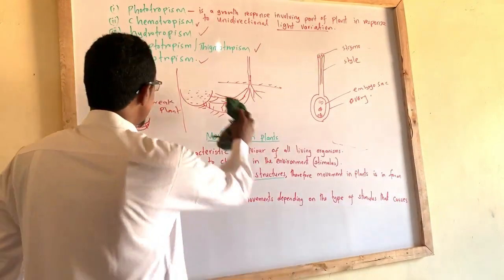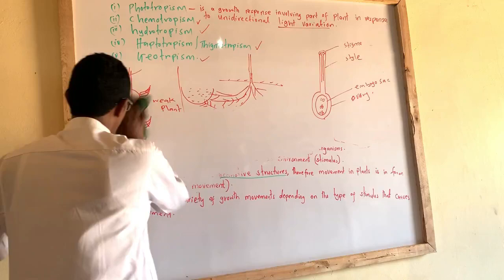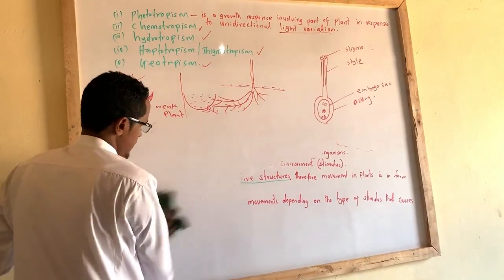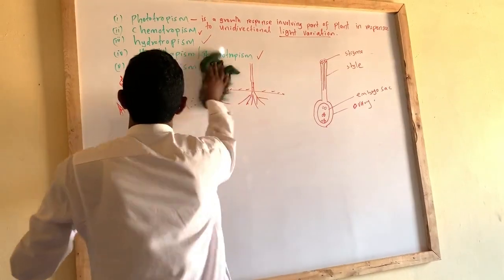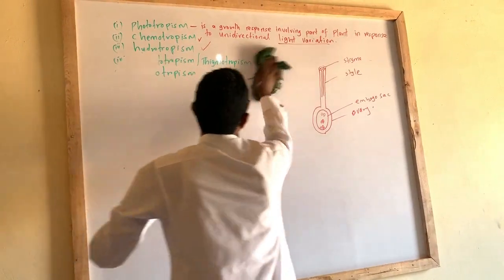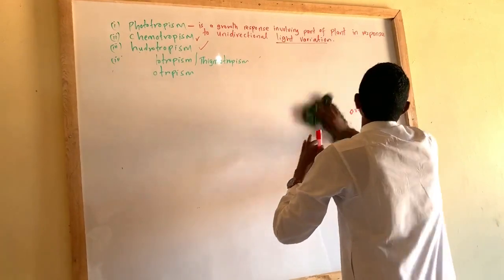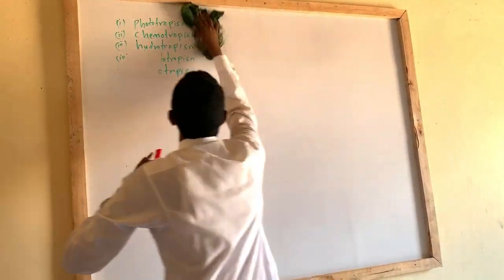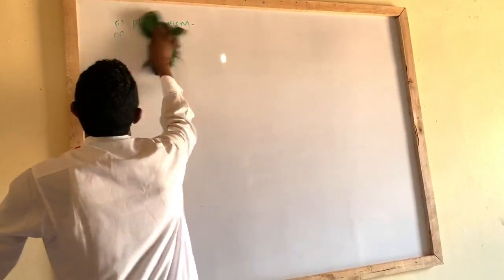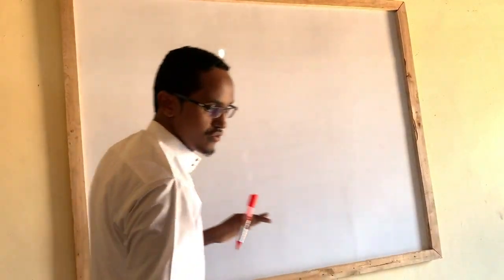I mean, why do plants need to move? If we have seen the different growth movements that plants exhibit, then why do they have to move?